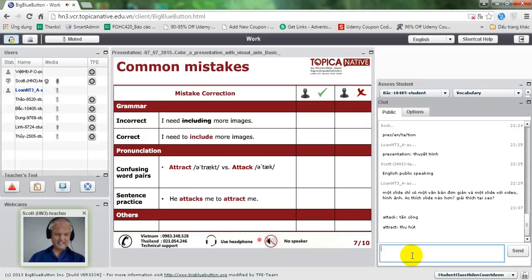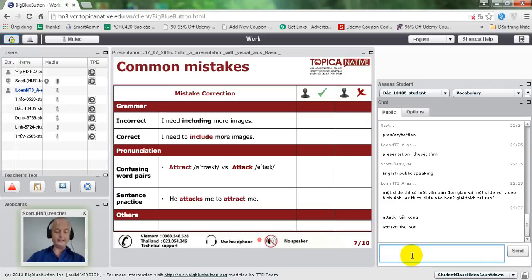It's violent. Somebody comes up and they start hitting somebody. They are attacking them. Okay, that is attack. The bad word. It's violent. Okay, so that's the difference.